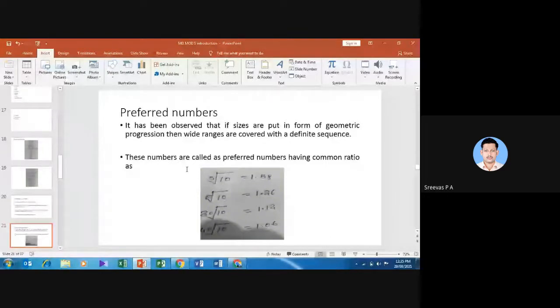For that geometric progression, that is, the R5 series is a geometric progression. Okay, for that geometric progression, a common ratio will be there as well as a first number. If you get a first number as well as a common ratio, you can find out the remaining numbers.